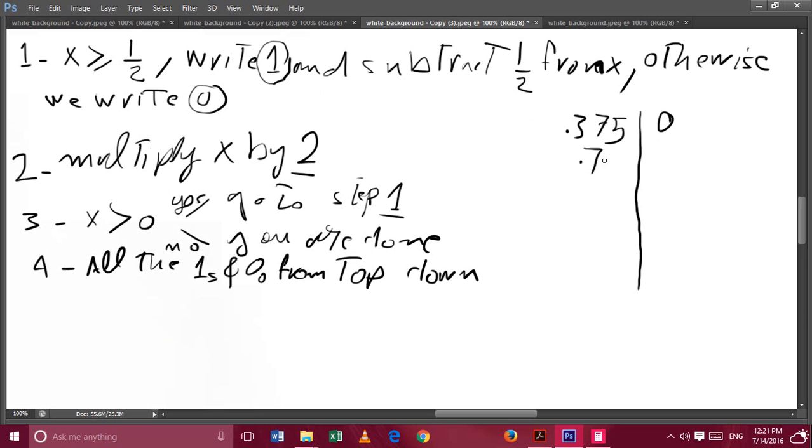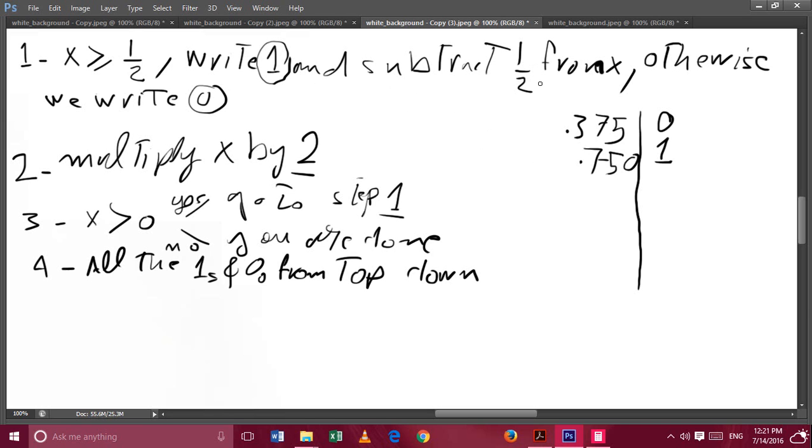That would be 0.750. Okay, number 3. Is x now, which is this, above 0? Yes, it is. Repeat number 1. Number 1 says, is it above half now? Yes, it's greater than half. So we write 1.